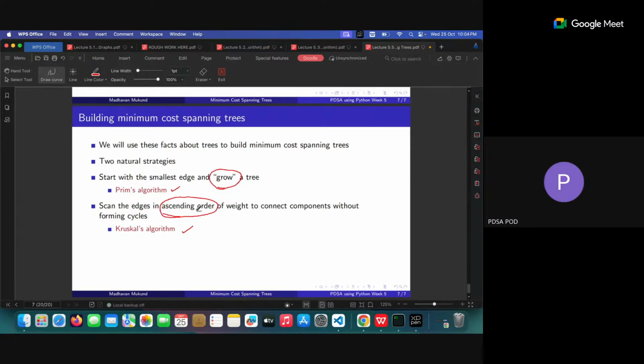Initially they sort the edges, and then they try to connect the sorted edges, first the smallest one, next one, and keep going to the higher ones. The edges are combined. That is called Kruskal. This is the difference between Prim's and Kruskal.